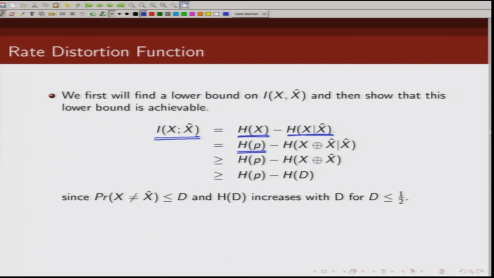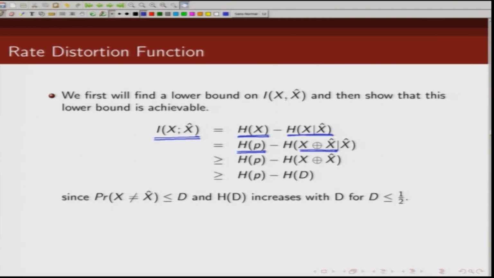There is uncertainty in x only when it is not the same as x hat. So the uncertainty in x given x hat is basically the uncertainty in x XOR x hat. So we can write this mutual information between x and x hat as h of p minus h of x XOR x hat given x hat.